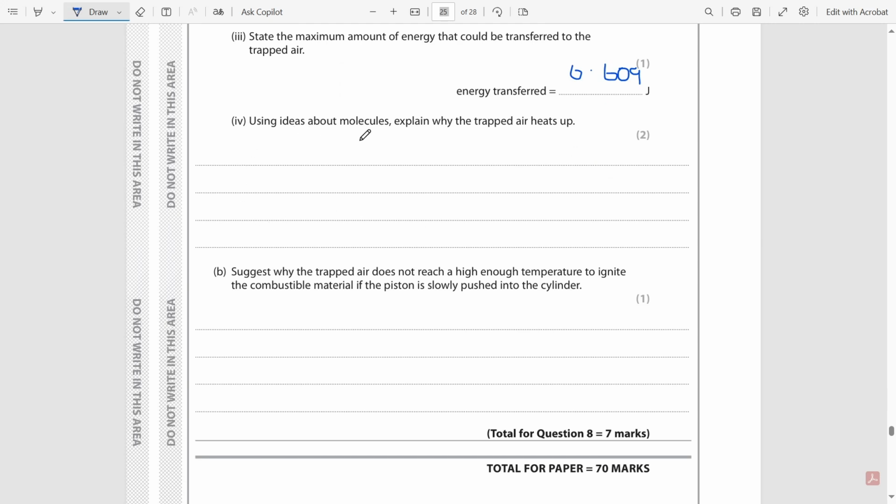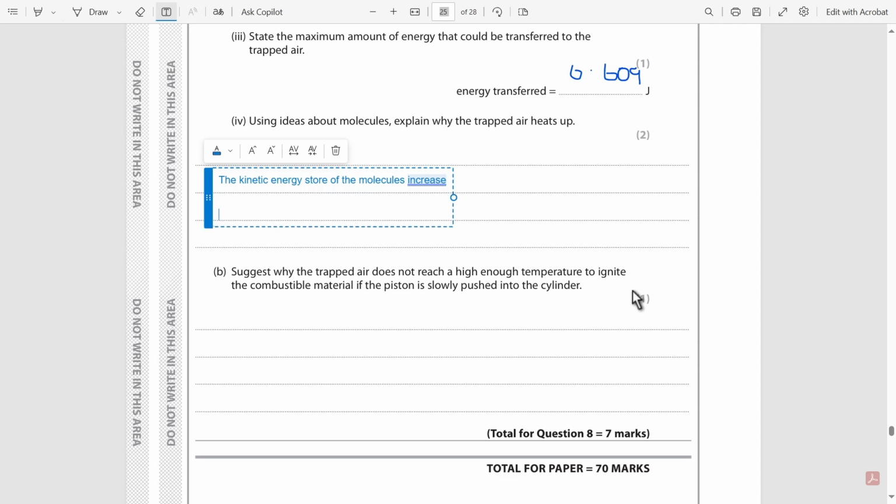Using ideas about molecules, explain why the trapped air heats up. The kinetic energy store of the molecules increases. We need to talk about that because things heat up when the overall kinetic energy store of a substance's molecules increases. As it increases, the substance heats up.